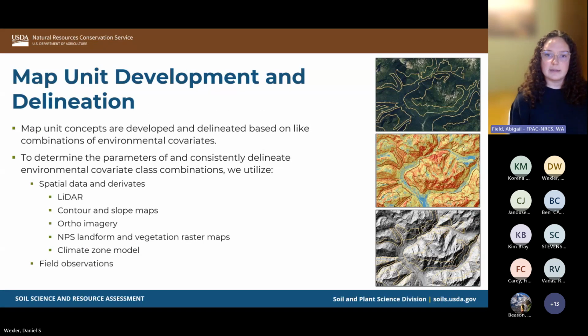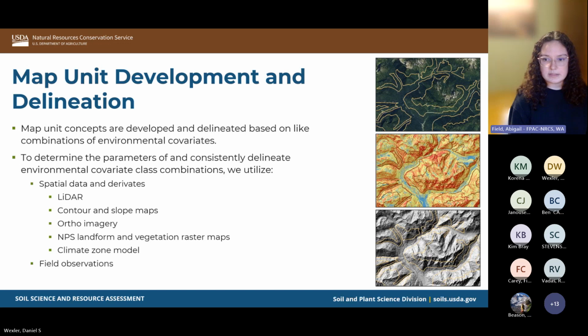So how do we develop and delineate map units? Map unit concepts are developed and delineated based on like combinations of environmental covariates. So this is what can tell us what soils we are likely to see in the landscape. And to do this in the office, we use spatial data and its derivatives. So LiDAR, which is the bottom right hand of the screen, really clues us into the different landforms that we can see.